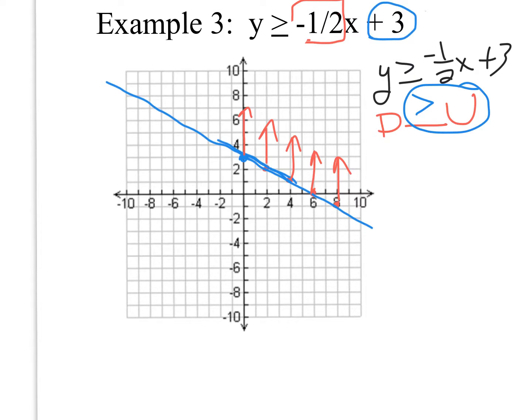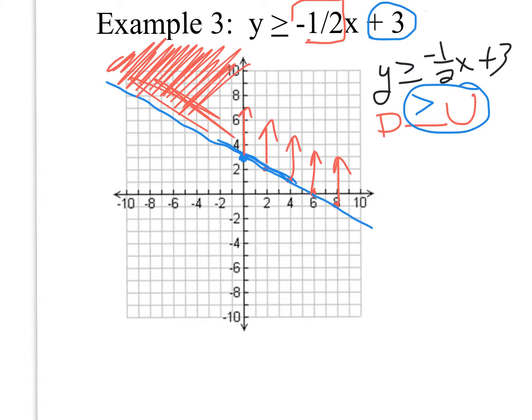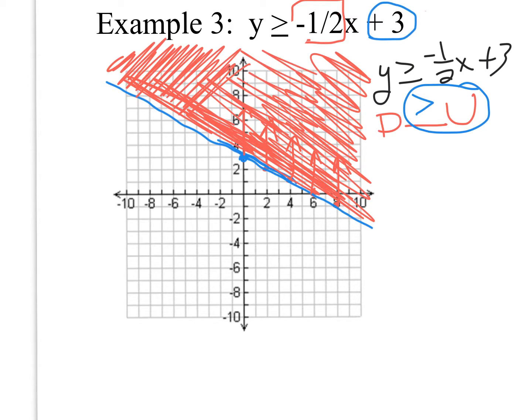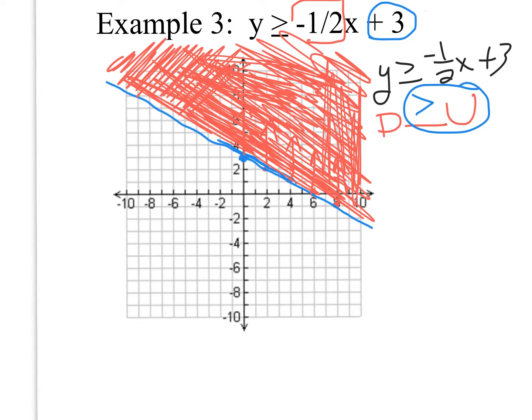So that means we're shading that side of the line, and we color it all in. Just like that. Have some fun, color it in. Like so. It's that simple.